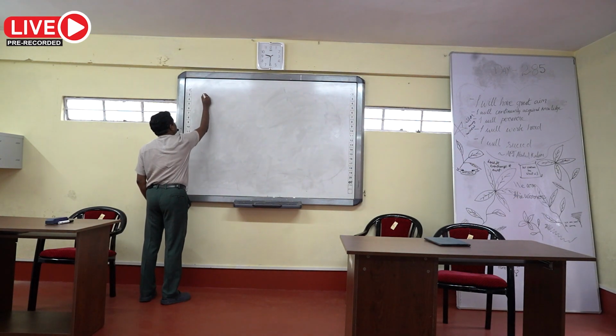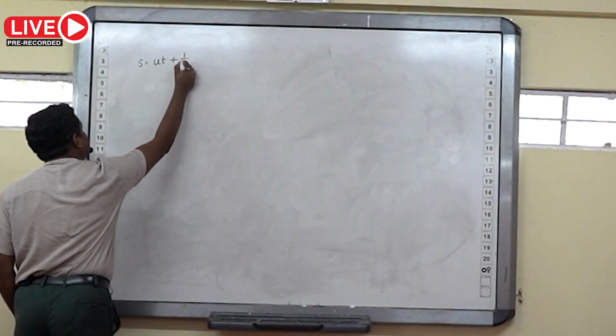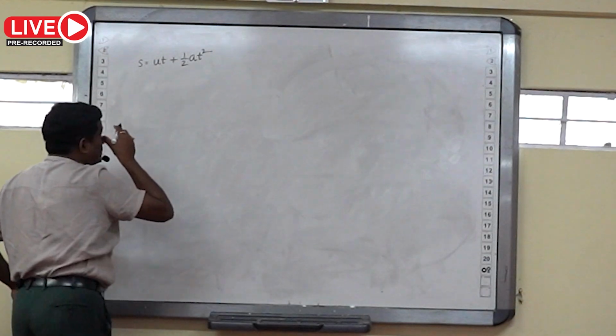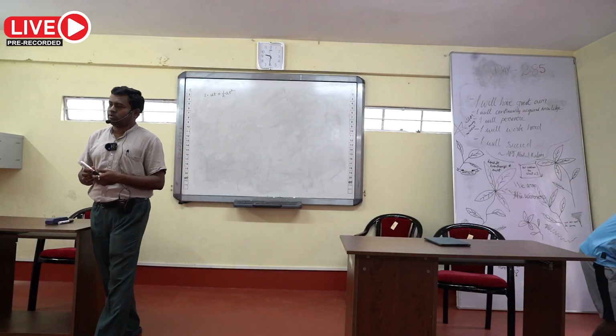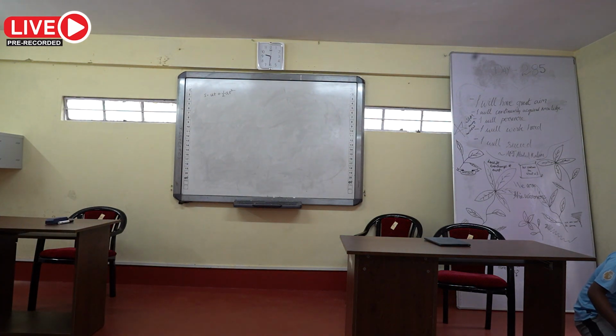See, this equation is S equal to ut plus half at square, where S represents displacement of the particle, u represents initial velocity, a acceleration and t time.